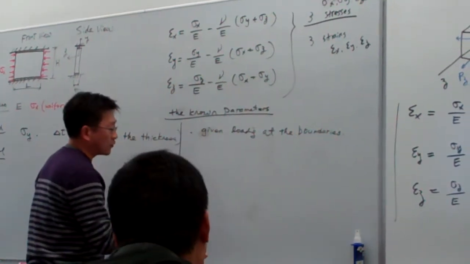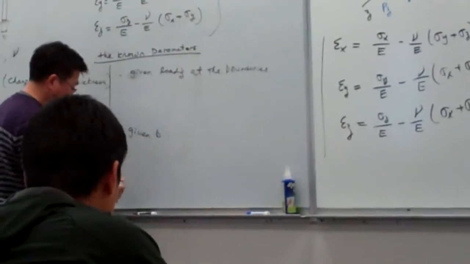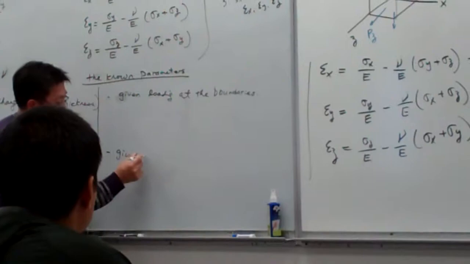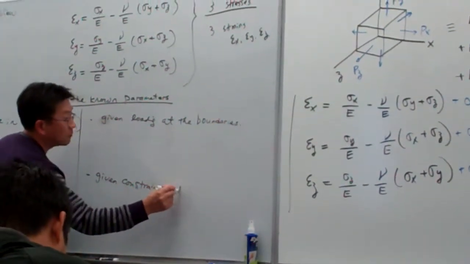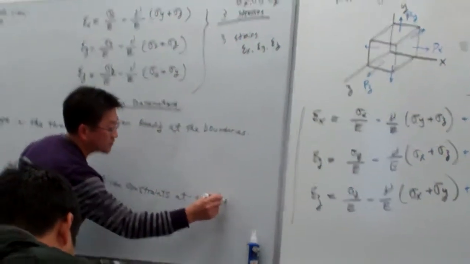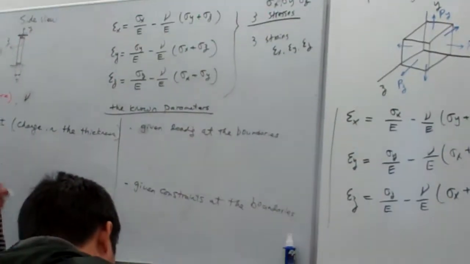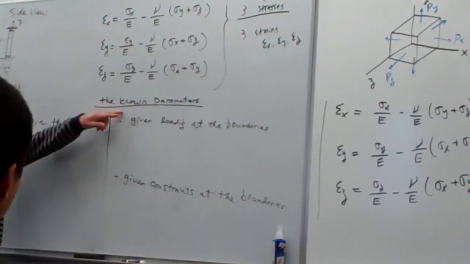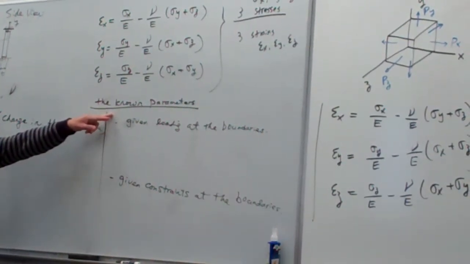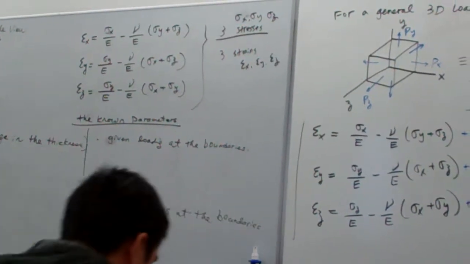And the second category is the given boundary constraint at the boundaries. So in one word, the known parameters usually are created or implied by the problem at the boundaries. So we look at the boundaries.